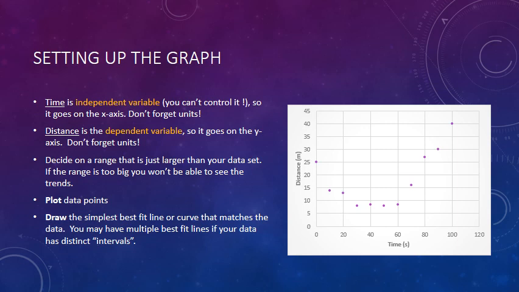The three intervals I see here are from 0 to 25, 25 to maybe around 62, and then from 62 up to approximately 100. So we have three distinct sections on our graph, with a best fit line to match each of those sections.